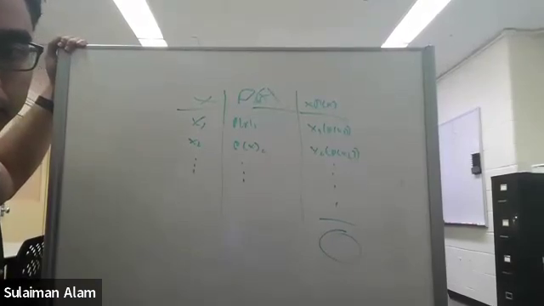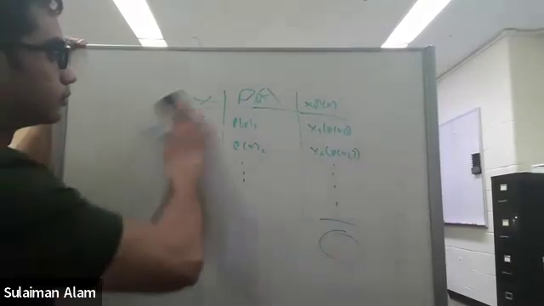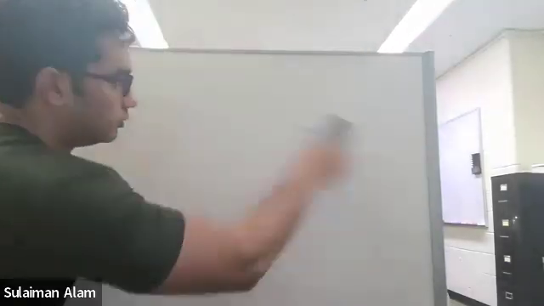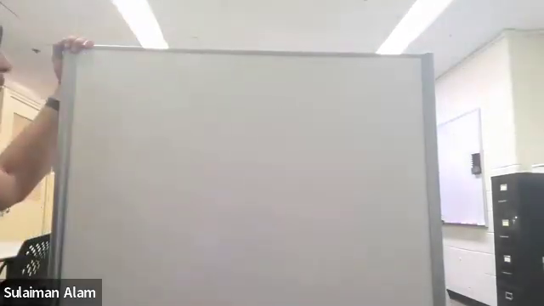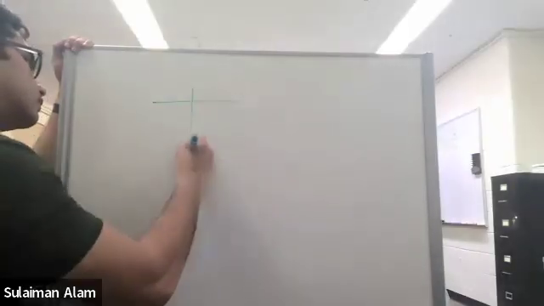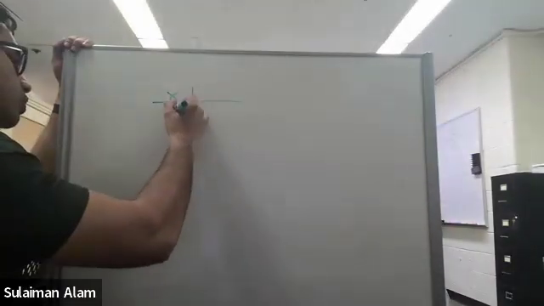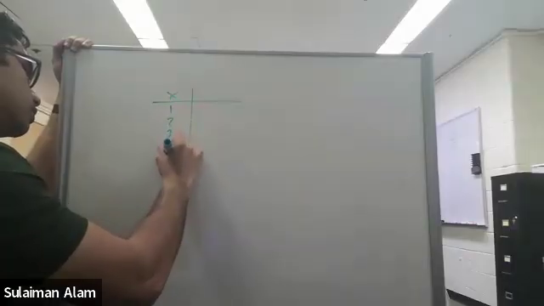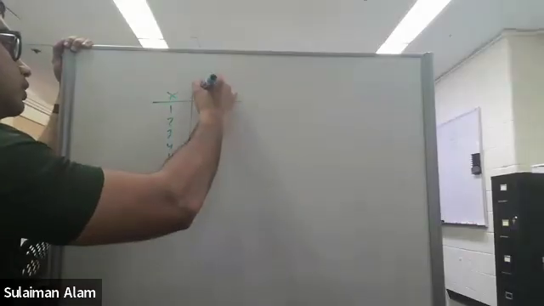What are the possible values when I roll a die? You get 1, 2, 3, 4, 5, 6.